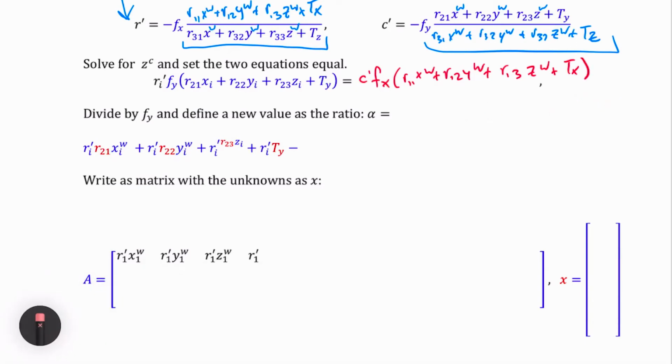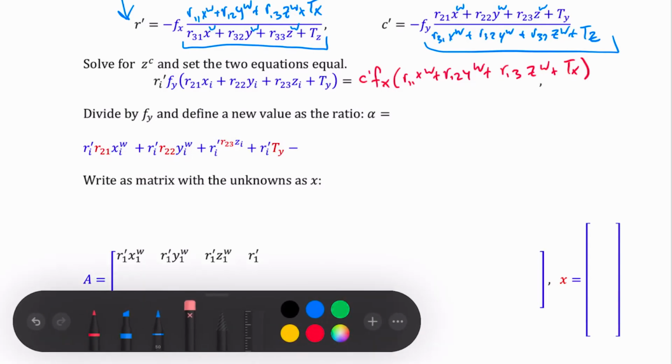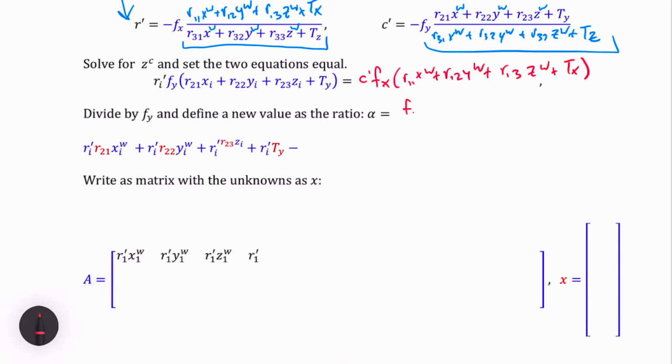Now we're going to divide both sides by fy and define a new value as the ratio: alpha is going to be fx divided by fy. And we can multiply this all the way out, my r prime times this term and each term in turn. Then we're going to subtract everything on this other side.